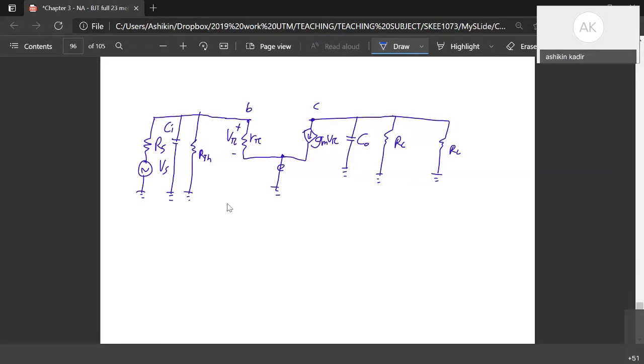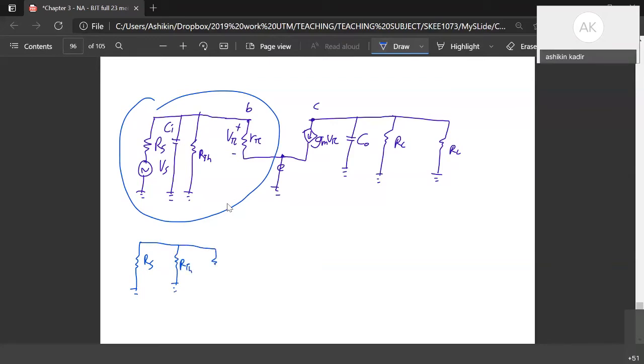Okay, so for this part, if I simplify the circuit, RS, and then you have RTH, R pi, and then here is CI.